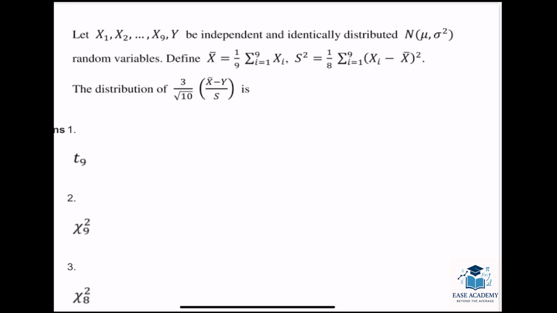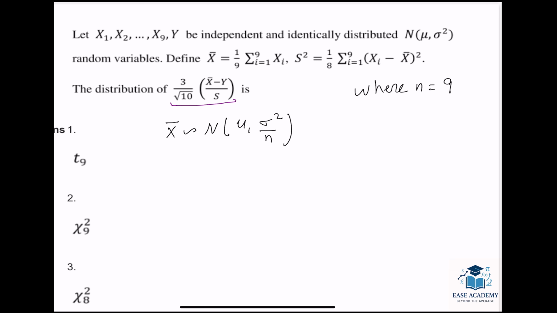So how will we deal with this question? We want to find the distribution of this quantity. We see that X bar follows normal mu with sigma square by n, where n is given to be 9.